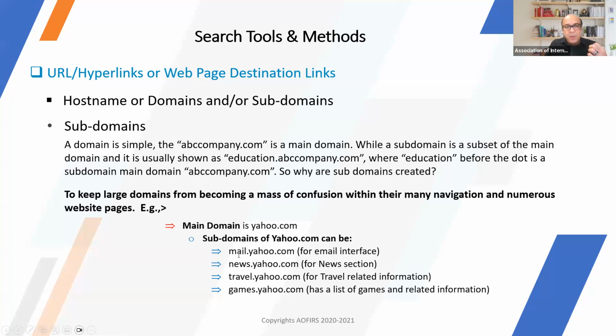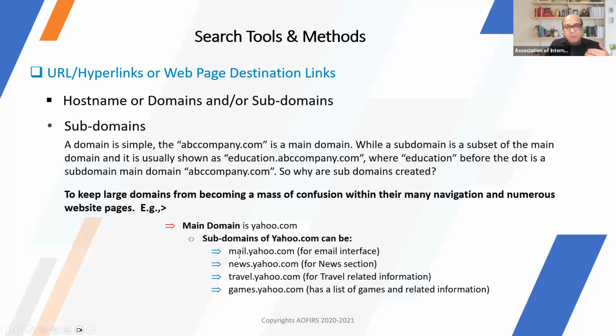So the first word mail that is before the actual domain name is indicating that now you are getting into a subdomain of Yahoo. And the fact that the word mail is coming before the dot followed by the domain itself means that it is genuinely coming from yahoo.com.